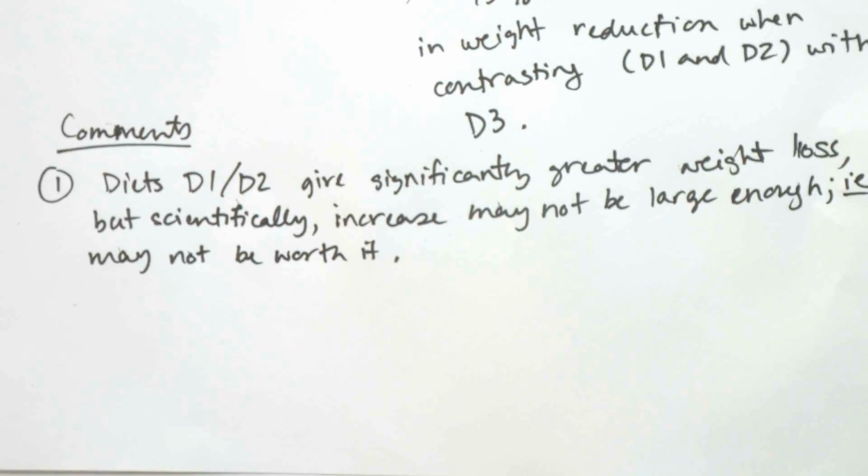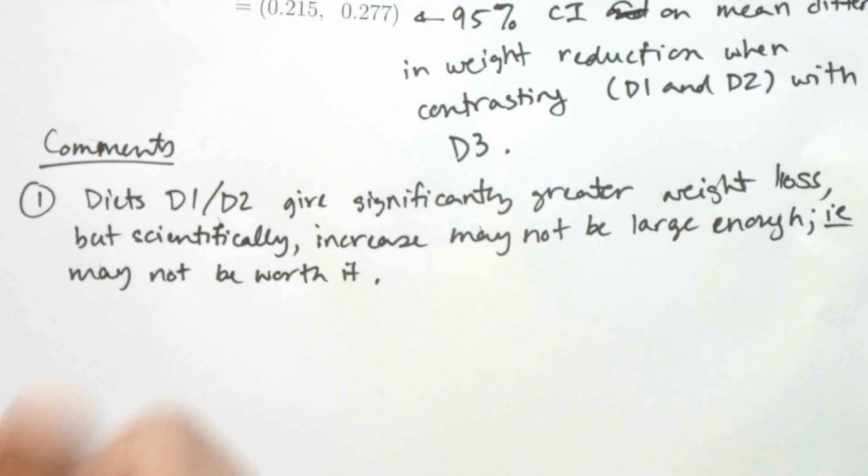What else? Another comment. So we defined this psi as the average of diets D1, D2 minus D3.